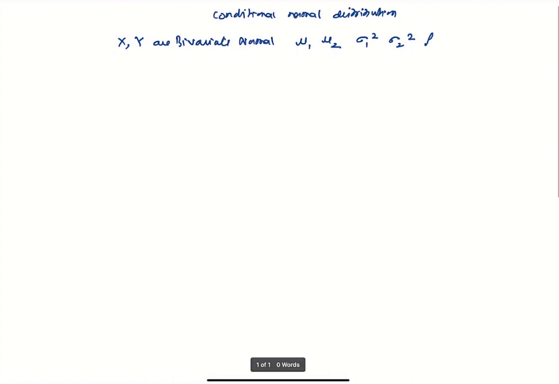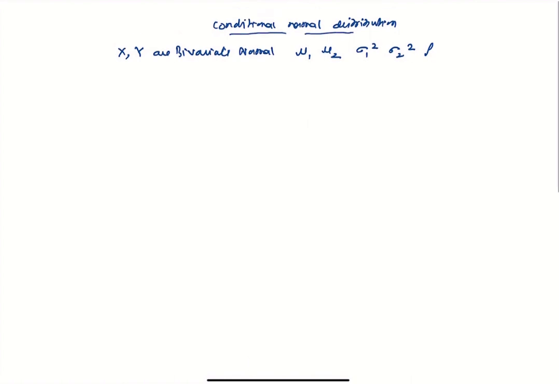Bivariate normal distribution can have a PDF also, but that's very complex. But here is the thing that we need to know about.